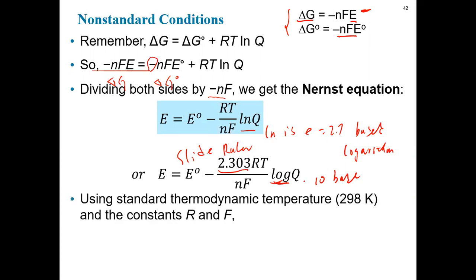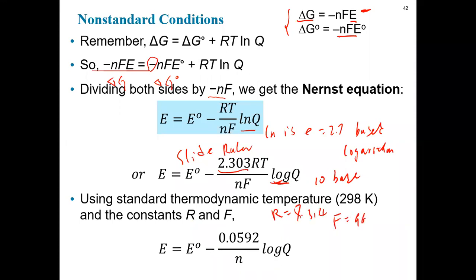It was even more convenient in the old days, so they plug all those numbers in. They know R equals 8.314, F is Faraday, 96485, and temperature is usually that. Therefore, you get a very simple version of the equation, very convenient if you don't have a calculator.